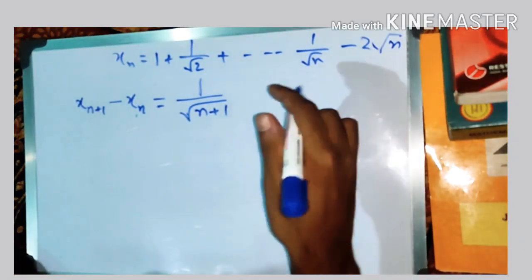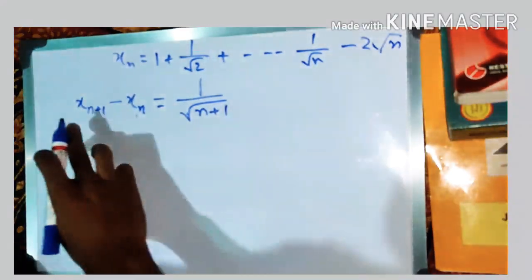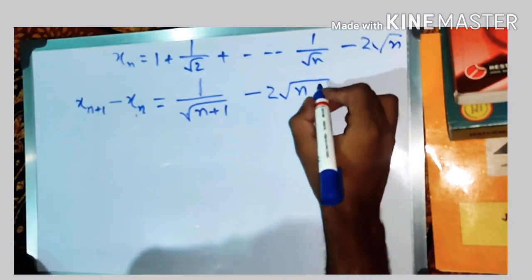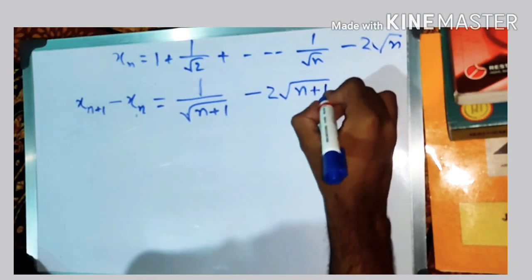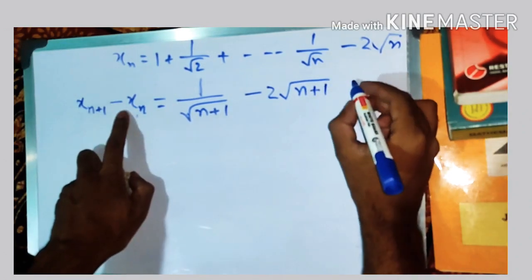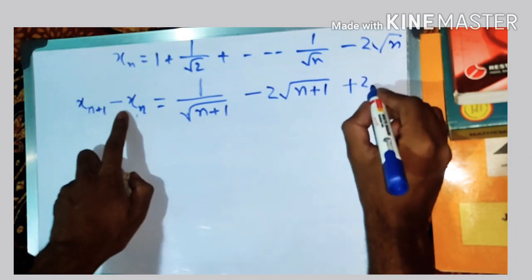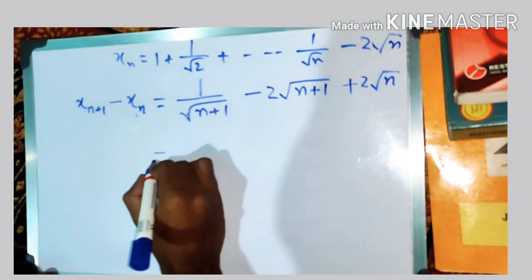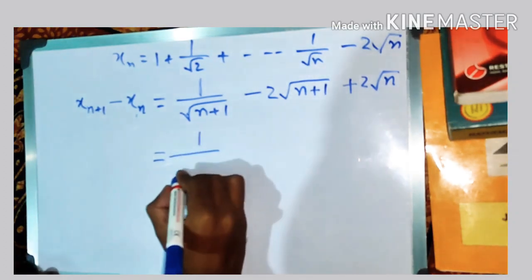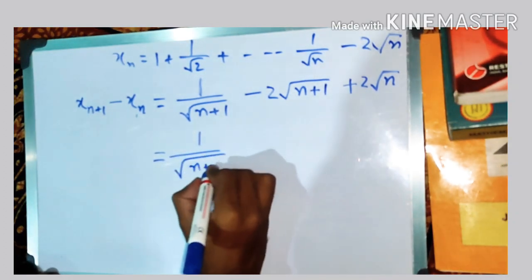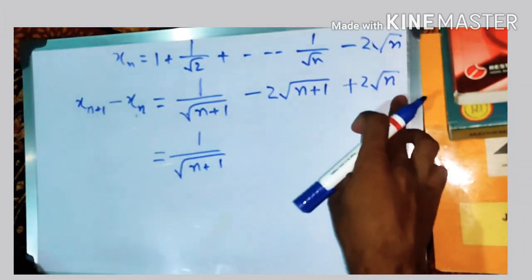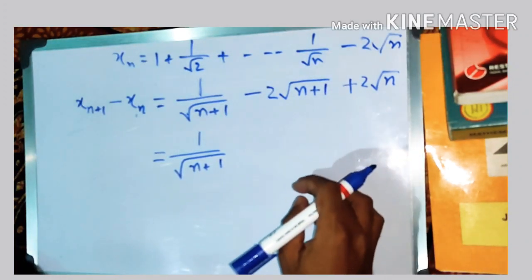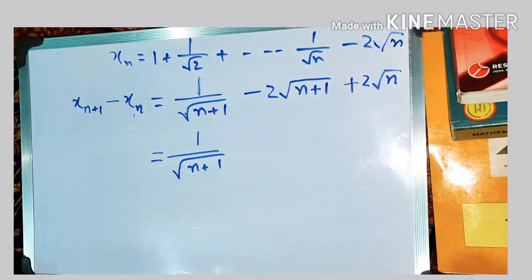And for the other part, for xn plus 1 there will be minus 2 into root of n plus 1, and here is a negative sign, so that will be positive 2 root of n.